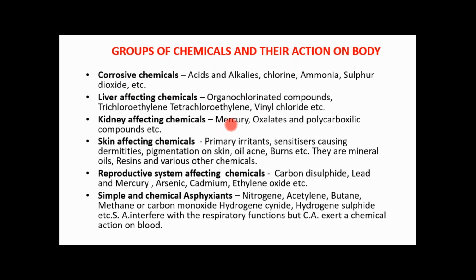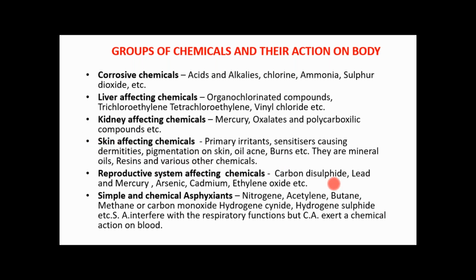Then mercury oxalates and polycarboxylic compounds affect your kidneys. Primary irritants and sensitizers cause dermatitis. Dermatitis means skin diseases. Pigmentation on skin, then oil acne, burns, etc. are caused by the minerals, oil, resins, and various other chemicals which can affect directly your skin.